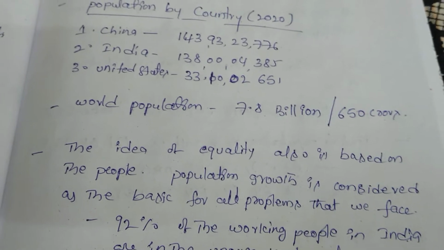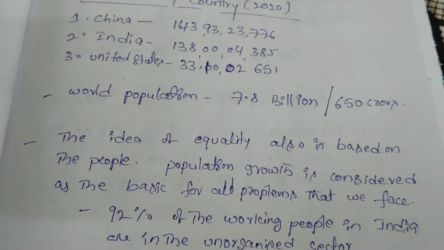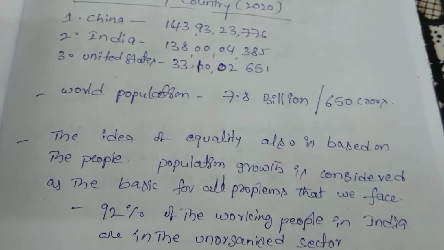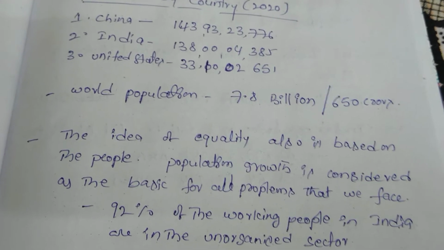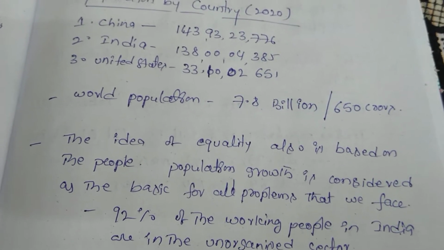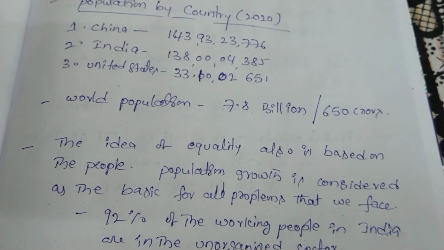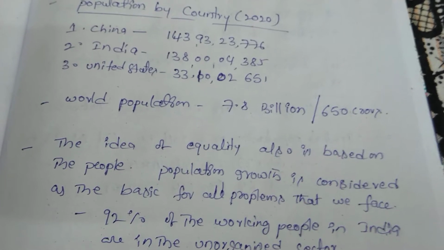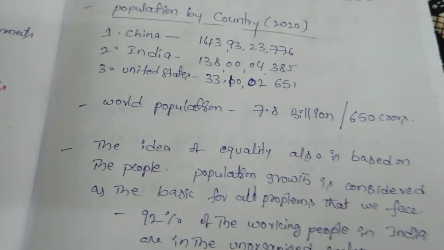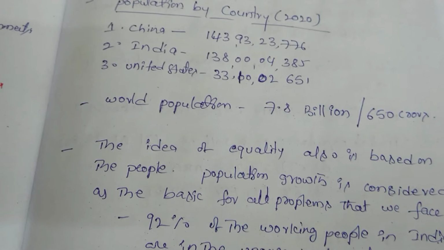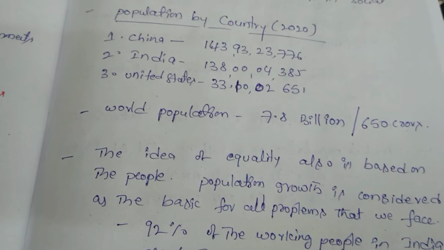But 92% of working people in India are working in unorganized sectors, means casual laborers, and self-employed workers, means hawkers, who started small shops themselves. Okay, so they are not getting proper income and proper facilities, because according to the population growth, we are not providing facilities to the people.